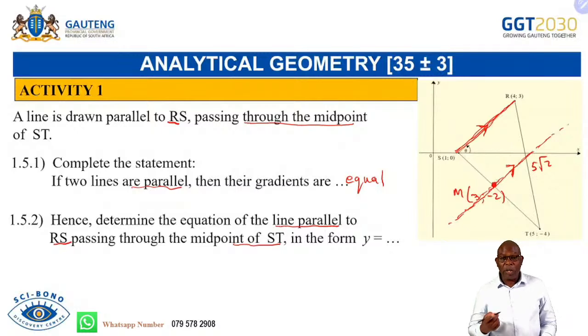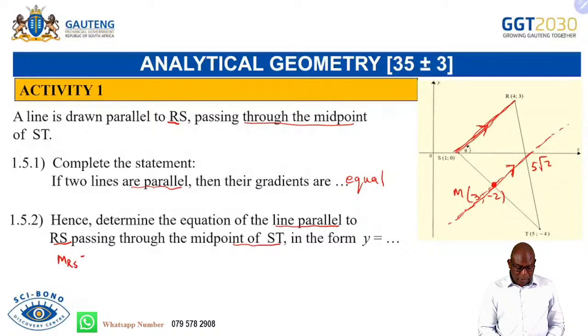So we need the equation of the line. Remember, the equation of the line needs the gradient. We know the gradient of RS. We got it from the first question there, which is 1.